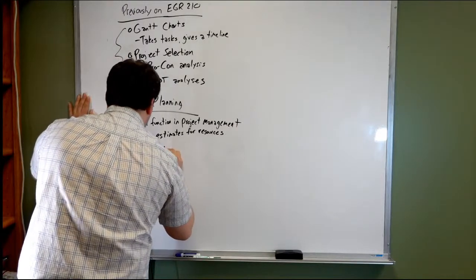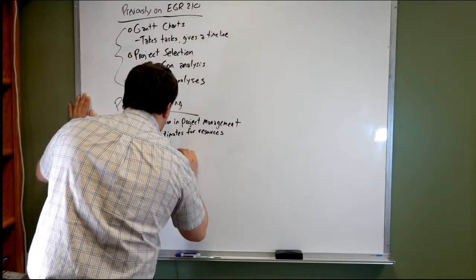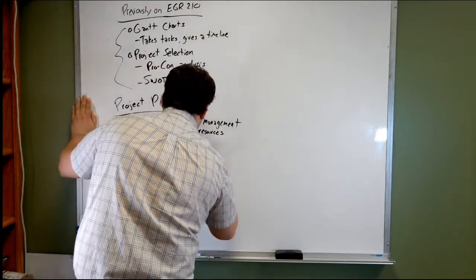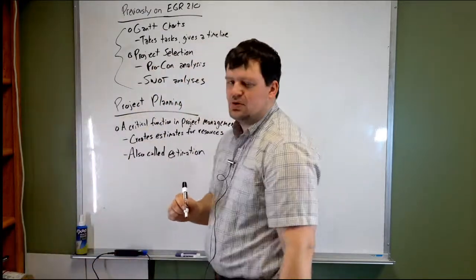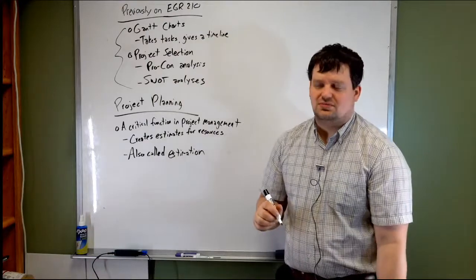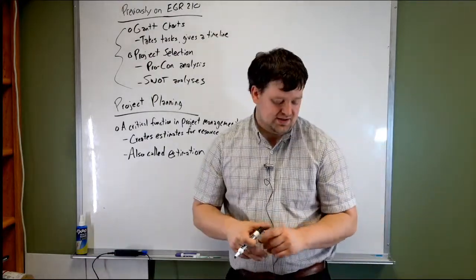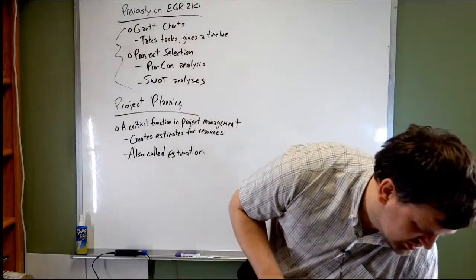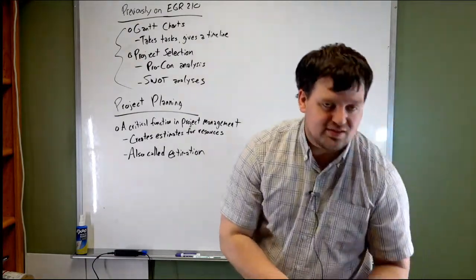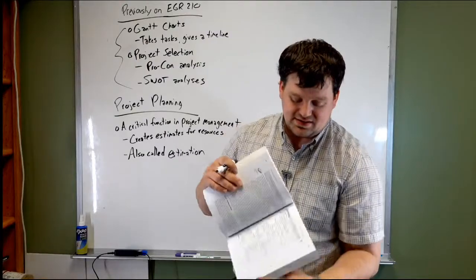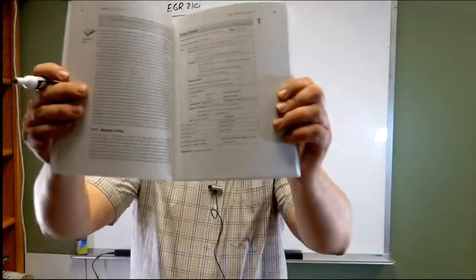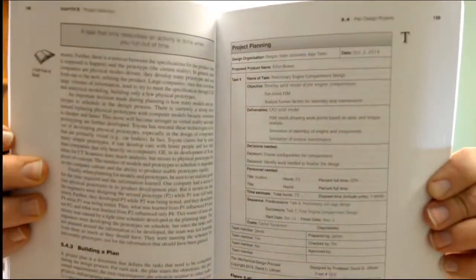This is also called, in a loose sense, estimation. Project estimation, component estimation, that kind of thing. A lot of what you do for project planning, I think David Ullman, he is one of the great minds in this area, has put together a form that's present in your book.